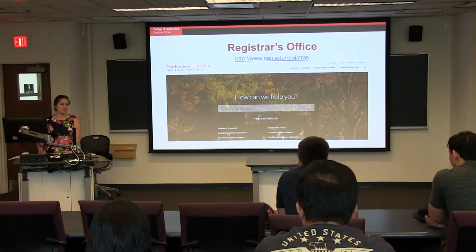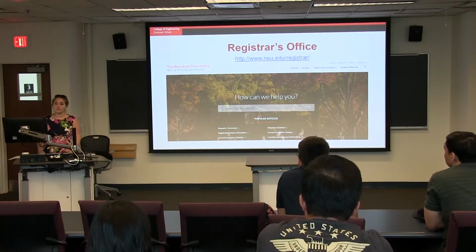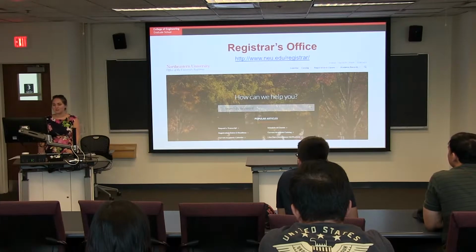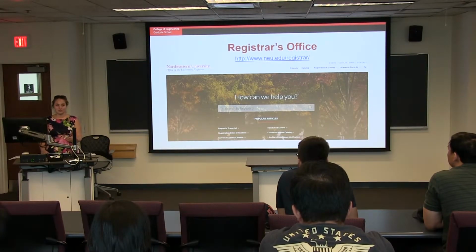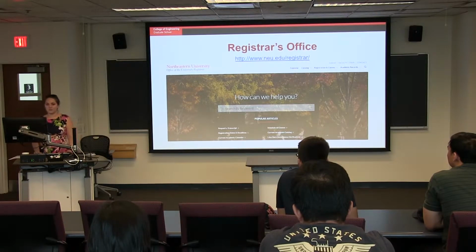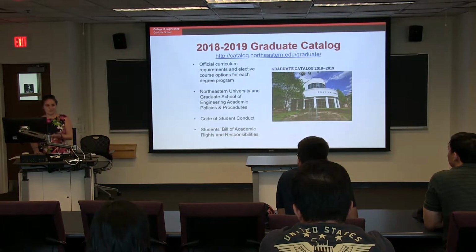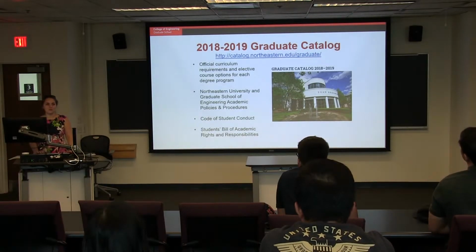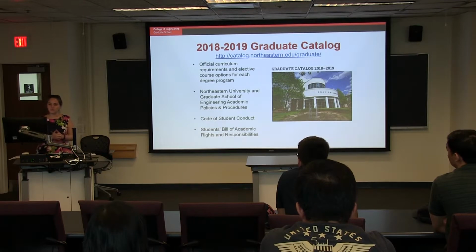So the registrar's office is an important office on campus because they maintain your academic student record and they are also responsible for your course registration. This website has information about how to register and also the graduate catalog. As Dr. O'Reilly mentioned, you are held to the catalog year in which you entered your program.